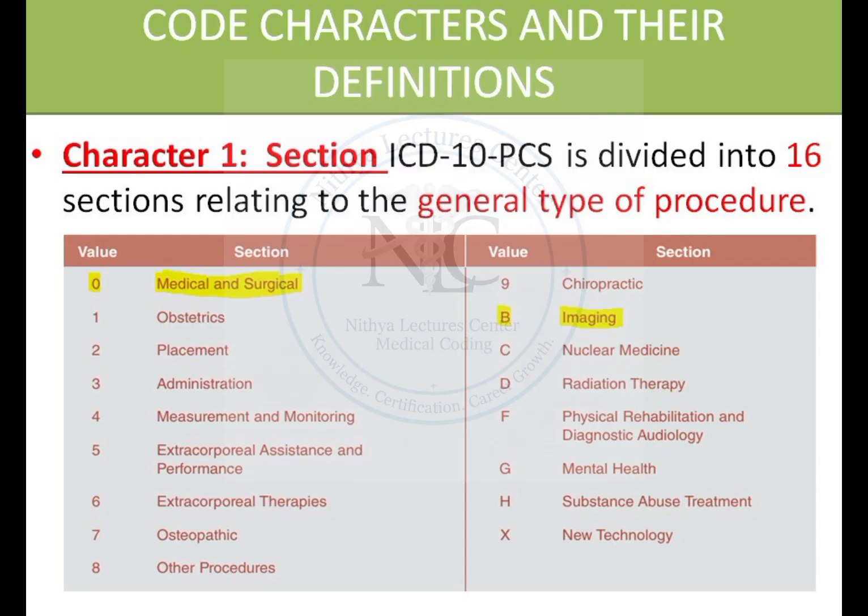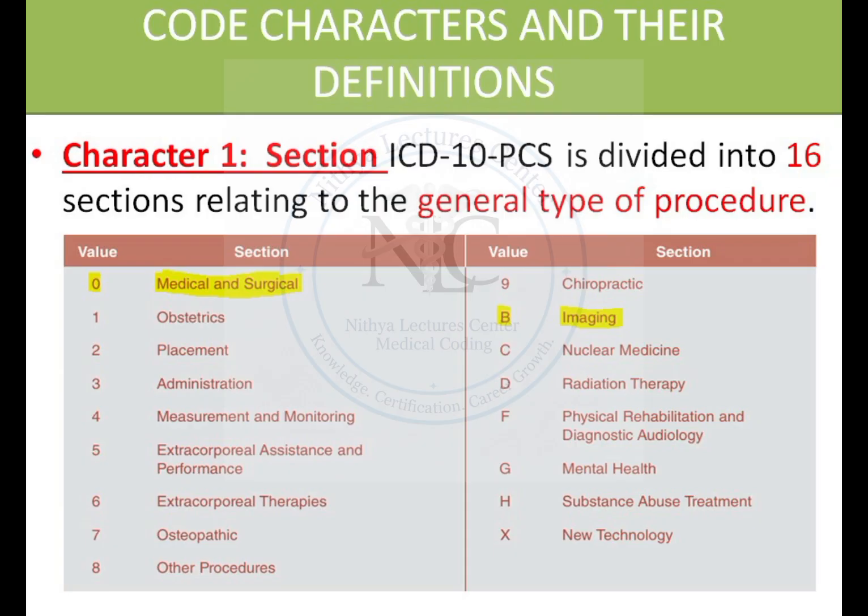Number 6 is extracorporeal therapies, number 7 is osteopathic, number 8 is other procedures, number 9 is chiropractic, and the letter B is imaging. Imaging is taking X-ray, CT, MRI, like that.